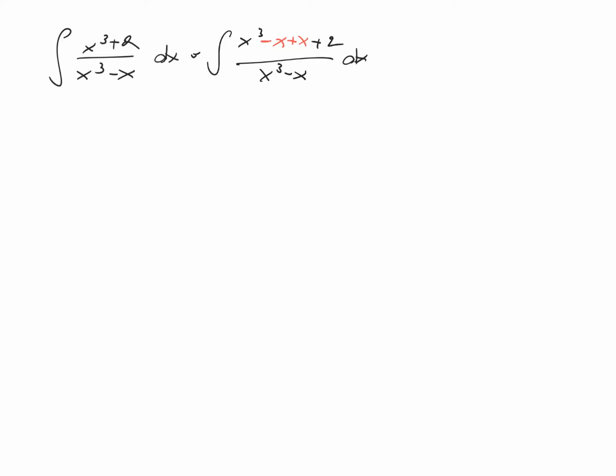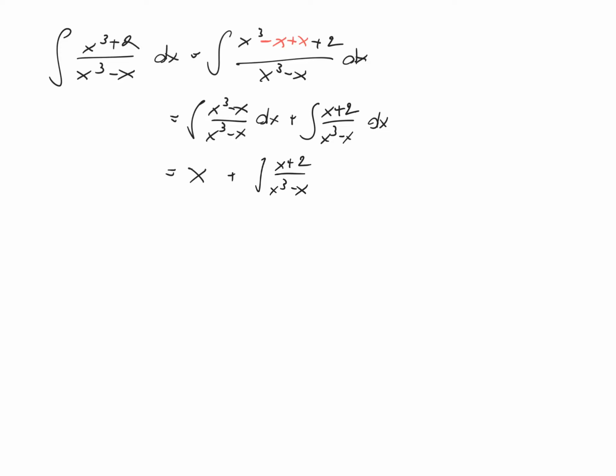But this will allow us to split the integral in two parts. So if we split it, you get the integral of x to the power 3 minus x over x to the power 3 minus x dx, plus the integral of x plus 2 over x to the power 3 minus x dx. The left one is just 1, so this is x. And then the other integral is x plus 2 over x to the power 3 minus x dx.